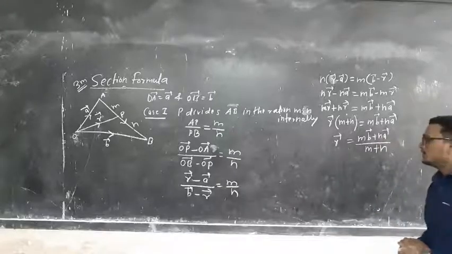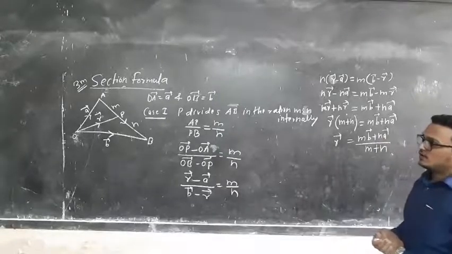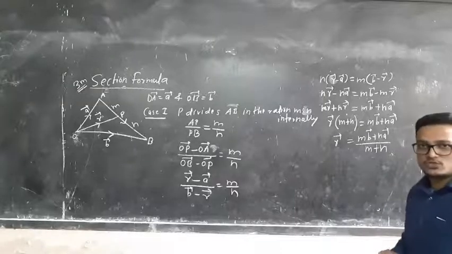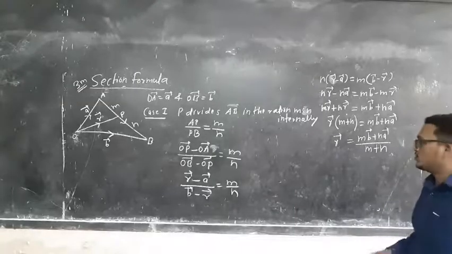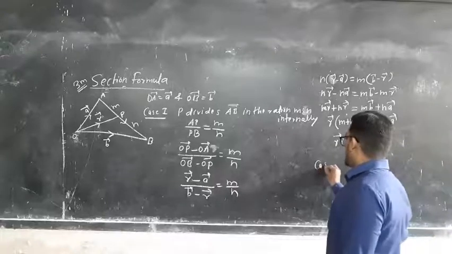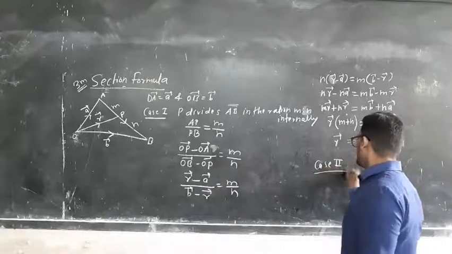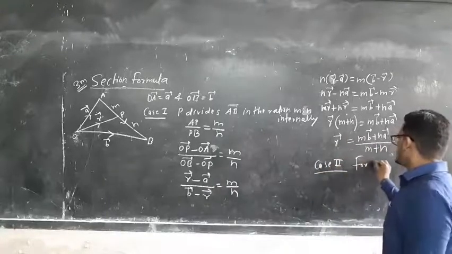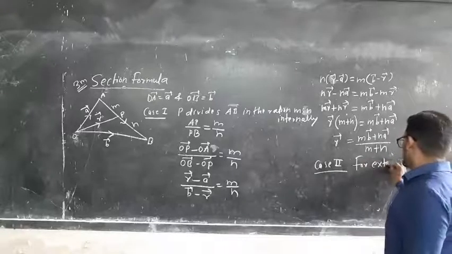So this is the formula for internal ratio. Case 2 is for external ratio.